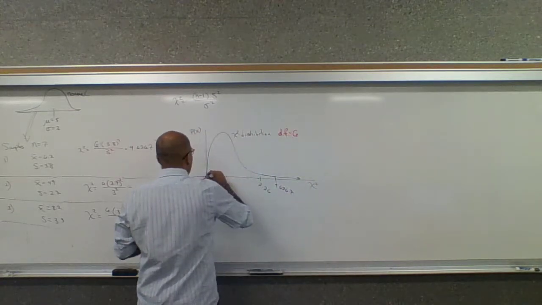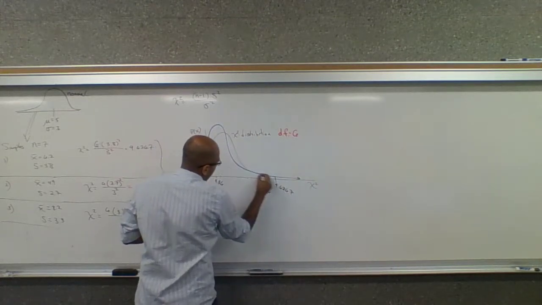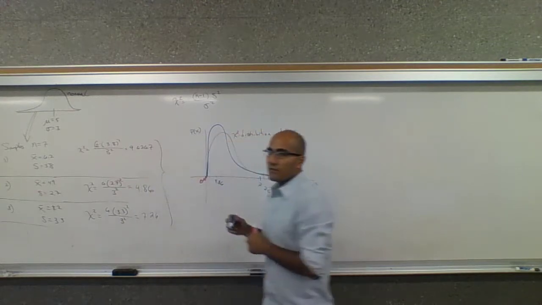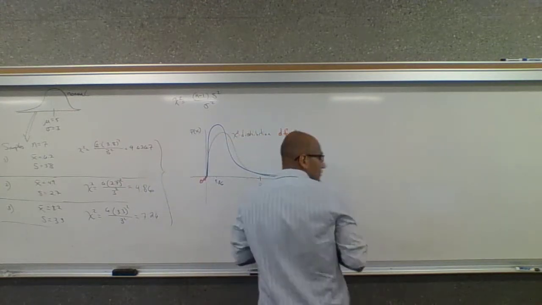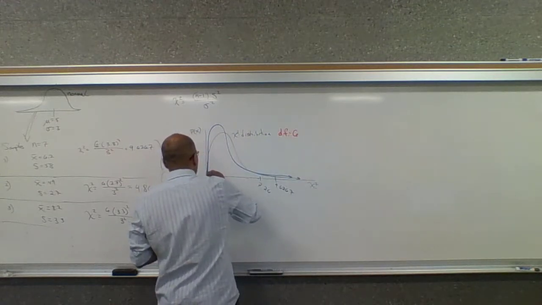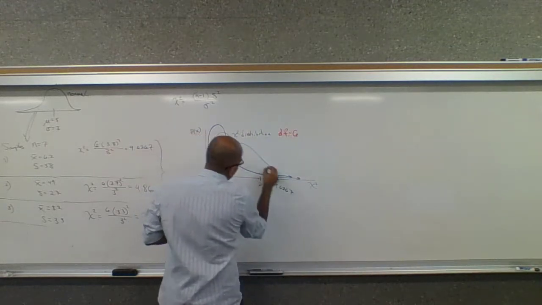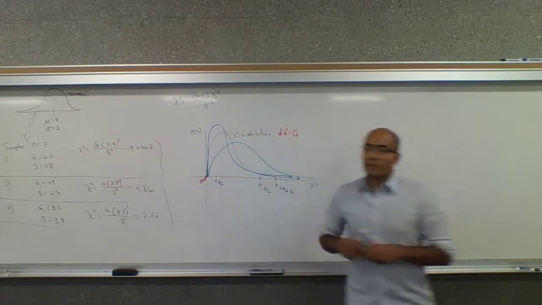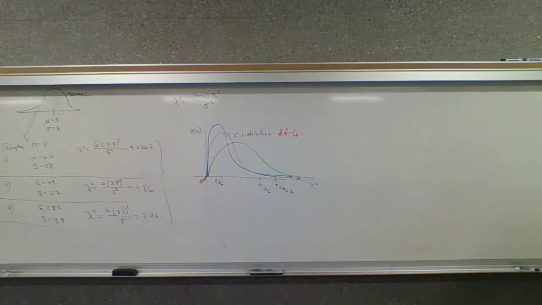So they vary just based on the sample size. There's a nice picture in your book regarding this, so we'll look at it now. They have slightly different shapes just based on the degrees of freedom, which is in turn connected to the sample size.